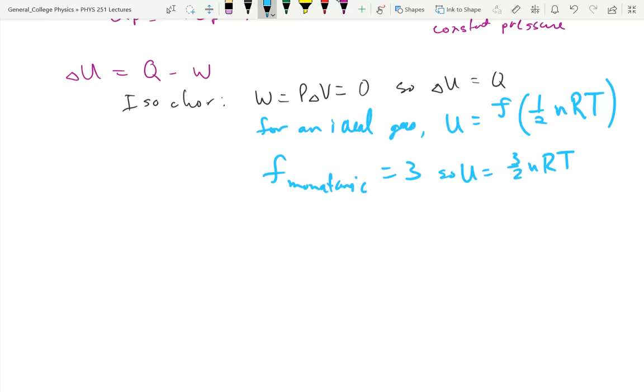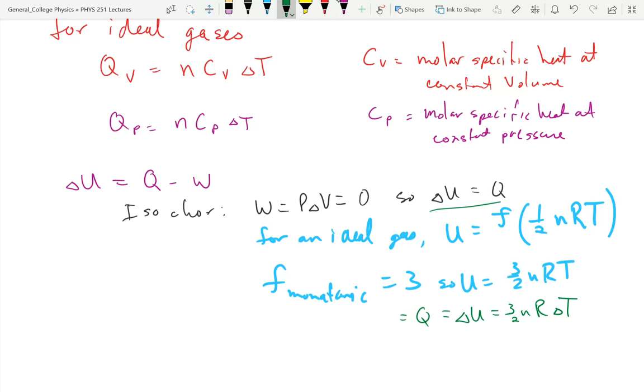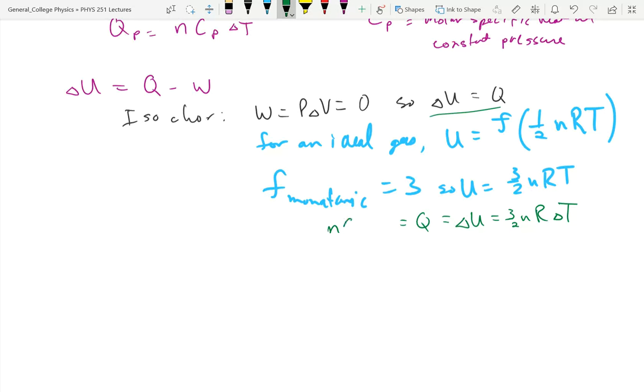So if I take this, I know delta U is equal to Q. And now I know that U is 3/2 nRT, so delta U is going to be 3/2 nR delta T, because N is staying constant, R is of course a constant, as is 3/2. And so using that relationship that for a constant volume, that should be equal to NCV delta T. Then we take this equation, we say, wait a minute.